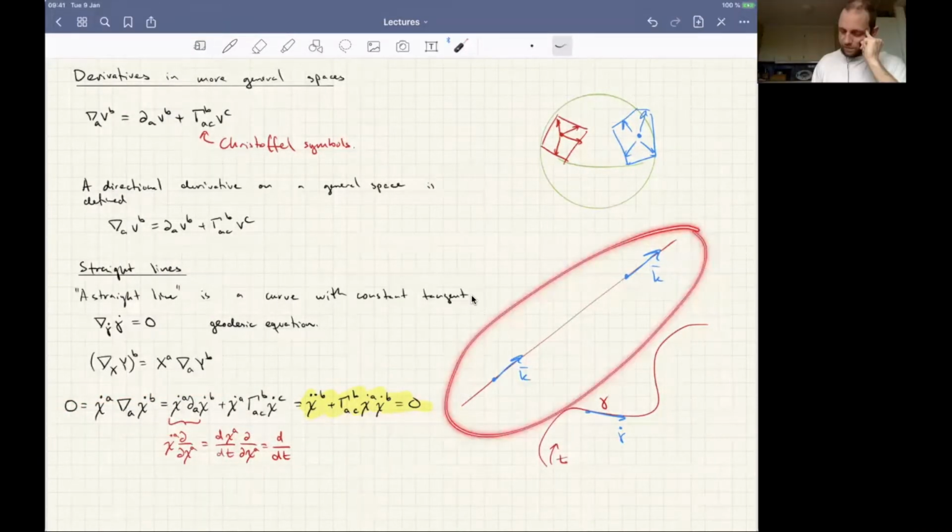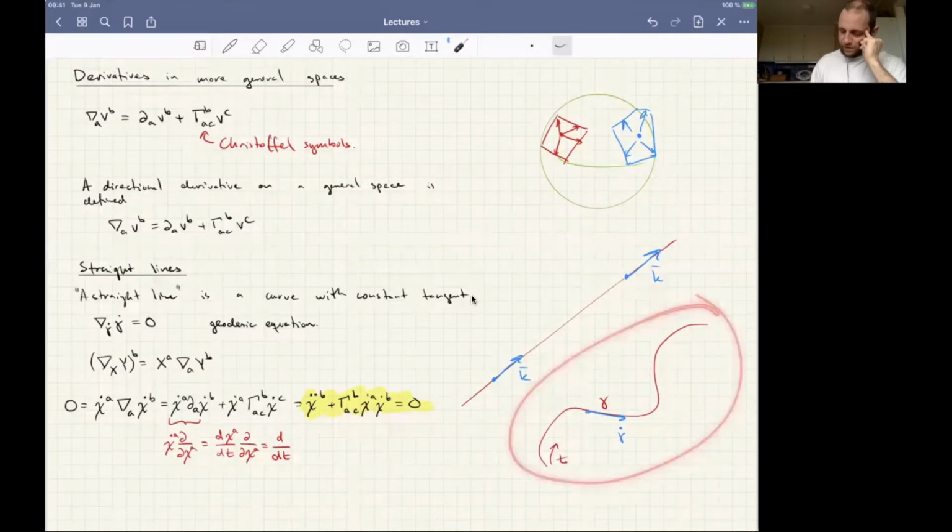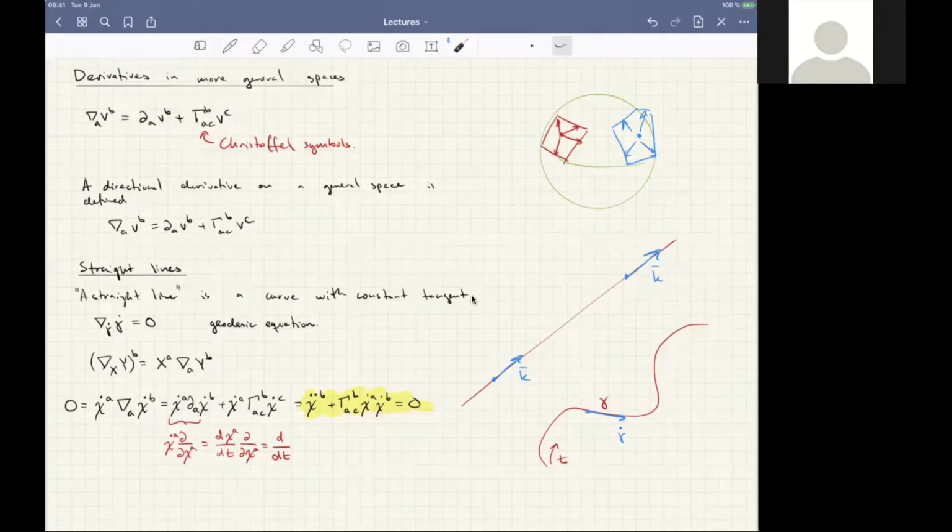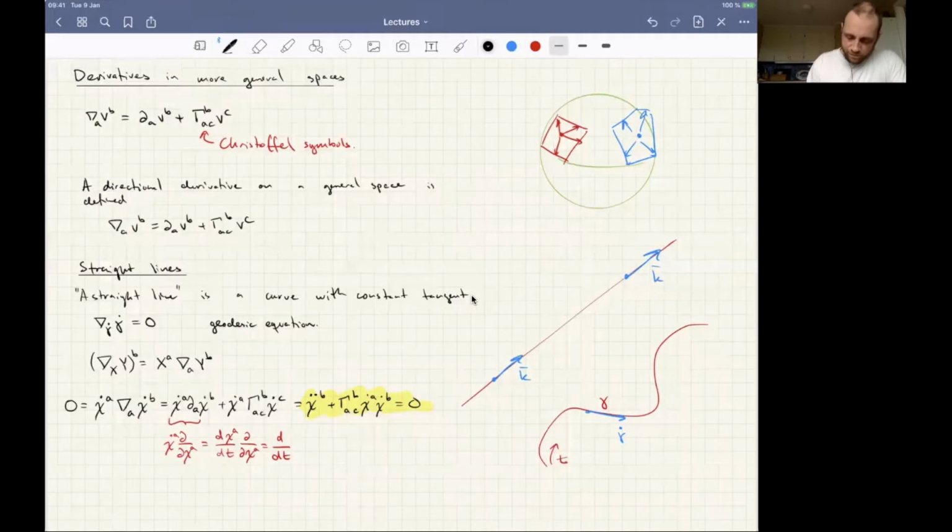This line? Or this one? No, the second one. Yes. So that depends on what I have defined as this derivative. In Euclidean space, no, that is not a straight line. But if I have some other space where I have some other definition of what it means to change from point to point, it might be. Okay. Thank you.